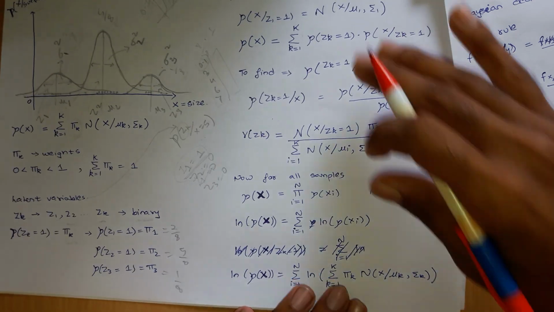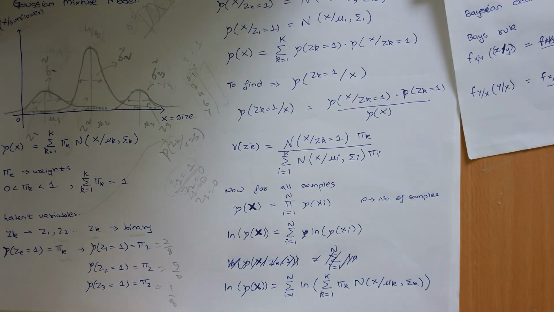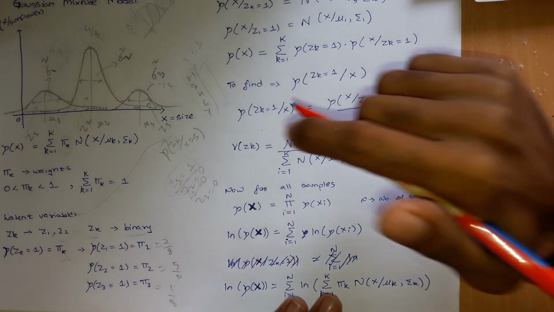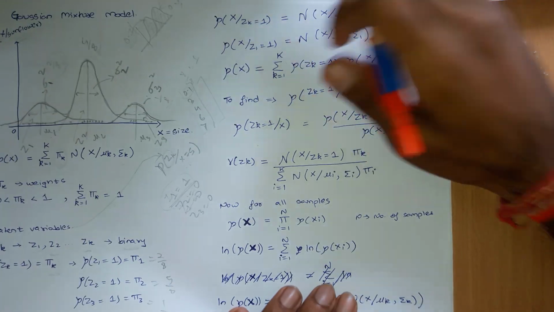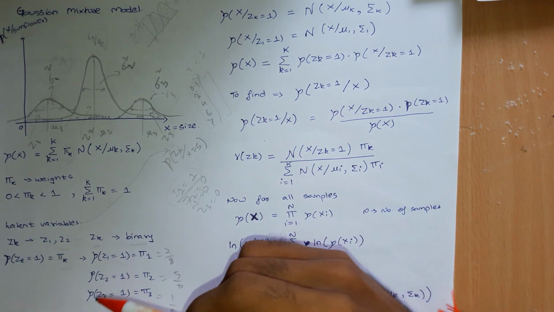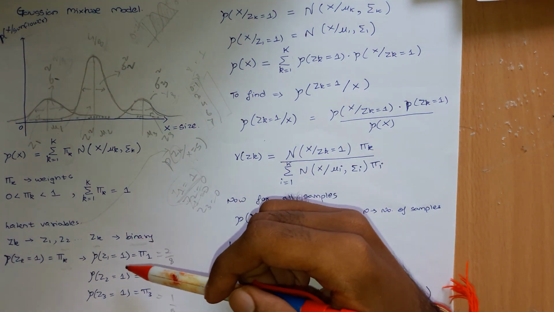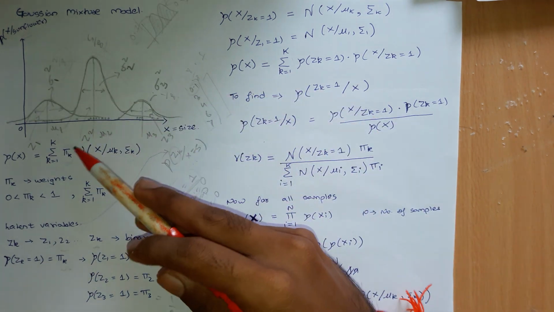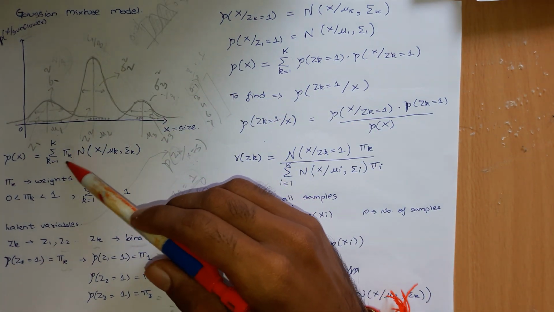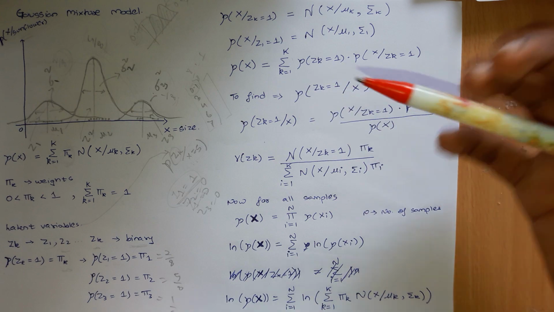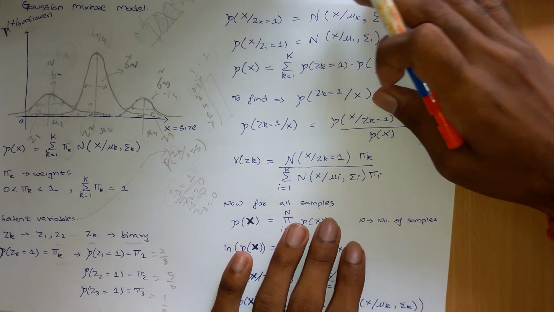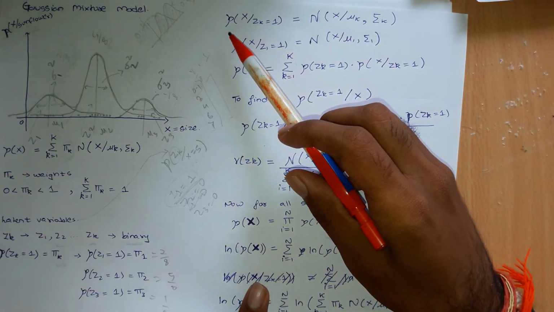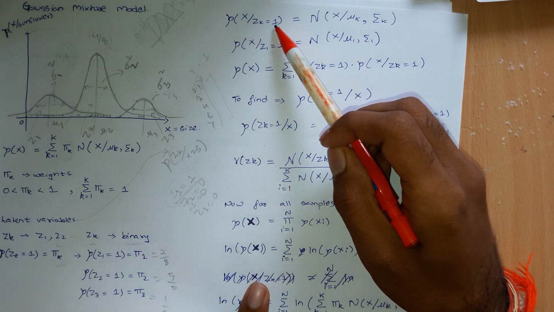So moving further, now it is just pure mathematics that we have to see. So this I have defined as p of z. So this is some prior probability, that is nothing but our pi k. Now I have just changed the notation of pi k to this, because this will make things simpler hereafter. So p of x given zk is equal to 1.